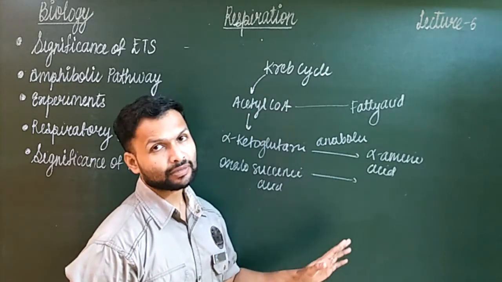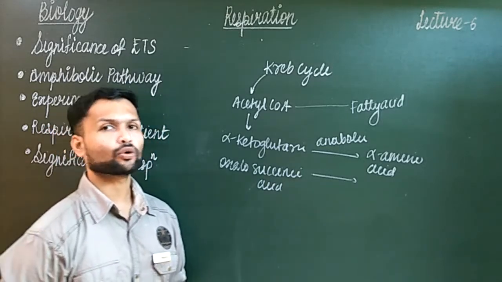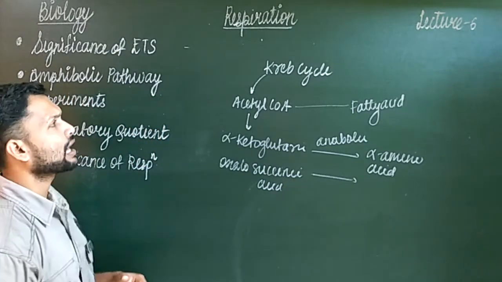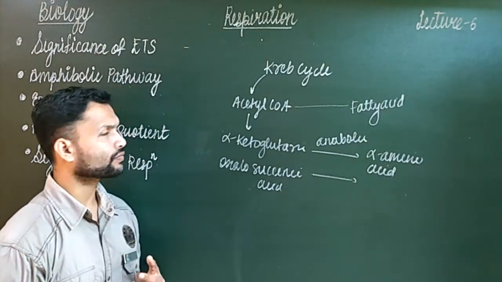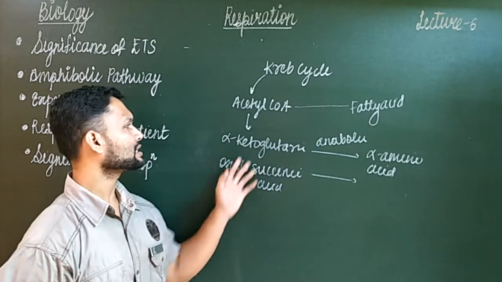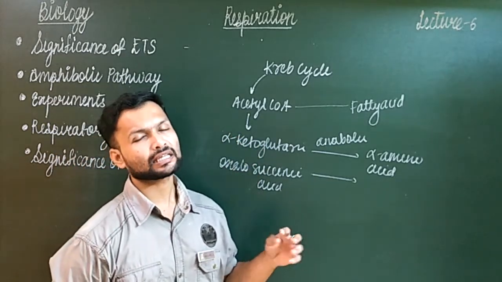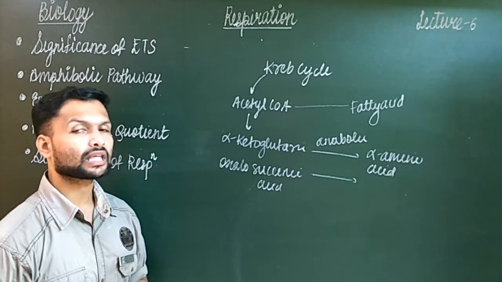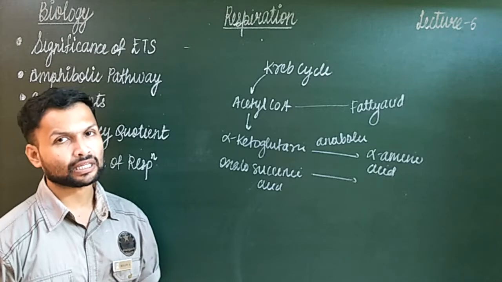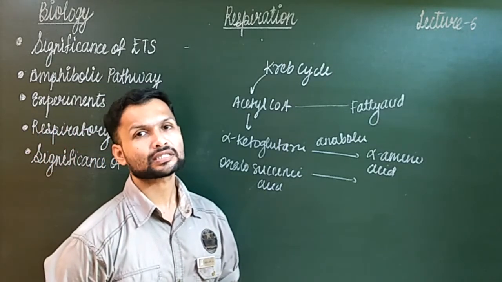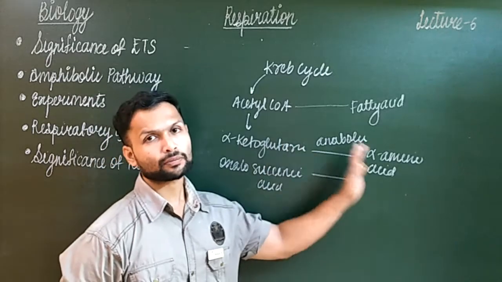So it is anabolic also. The Krebs cycle is technically anabolic and catabolic both. That's why we call it amphibolic. Obviously for respiration we will only see the catabolic cycle, but practically in plants, in mitochondria, we also know they have ribosomes. So they might require certain amino acids to prepare protein, and if those amino acids are not available, then these substrates of the Krebs cycle are utilized to prepare them.